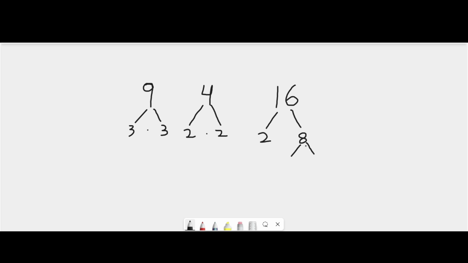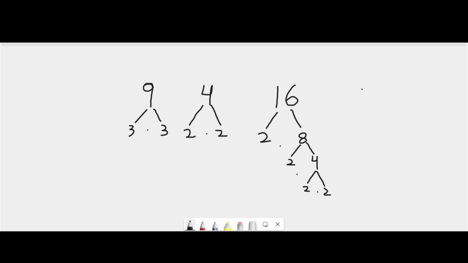So if we look here, we can make this 2 and 4. The 2 can't be broken down, but the 4 can. And we just did the 4 over here, 2 and 2. So the smallest numbers that you can get is 2 times 2 times 2 times 2. That's the first way, if you were doing 2 times 8.